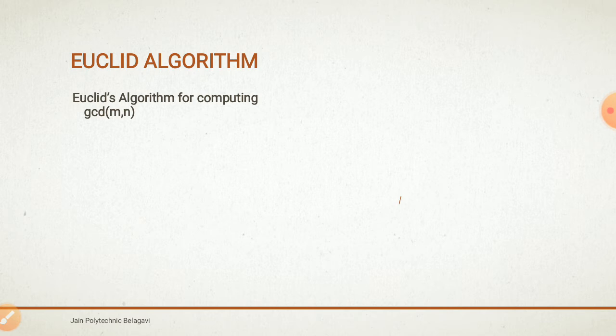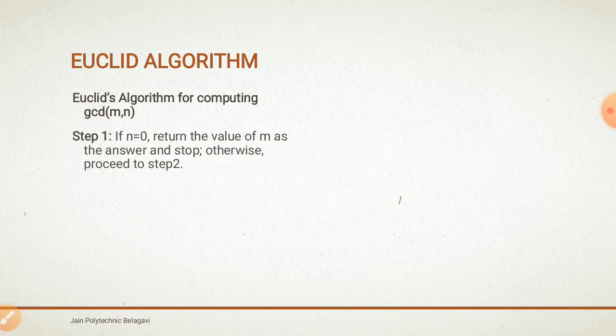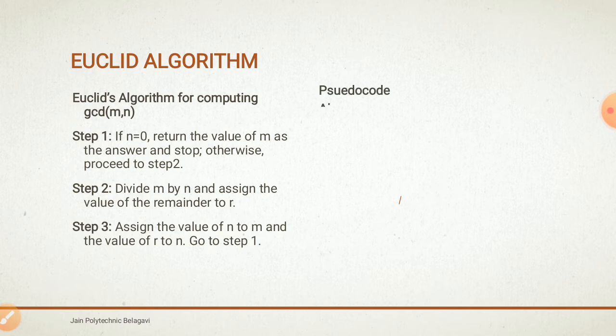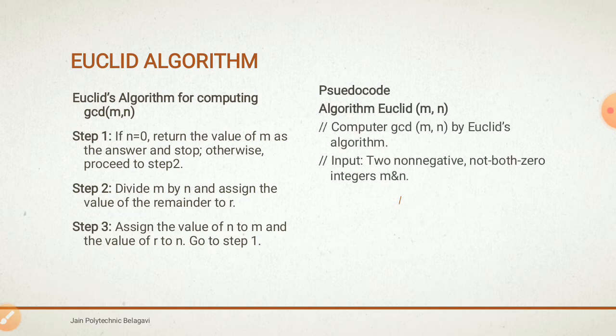We will see, if you apply Euclid algorithm for that particular problem, what steps it will take and what is the pseudocode for computing the greatest common divisor of two numbers, that is m and n.